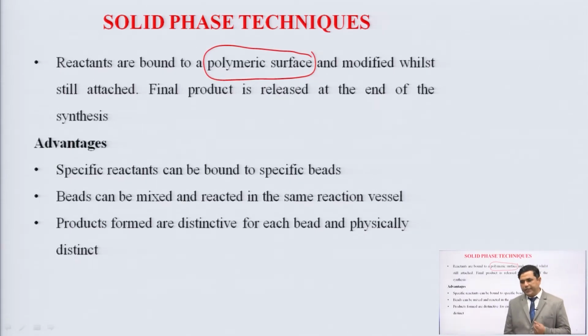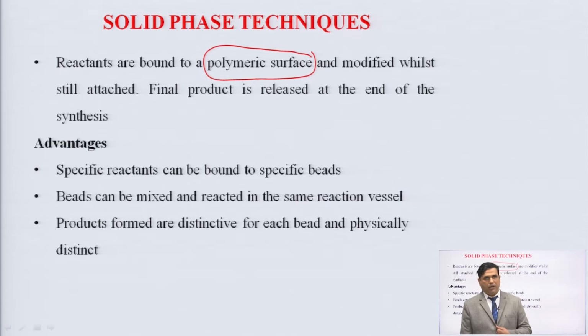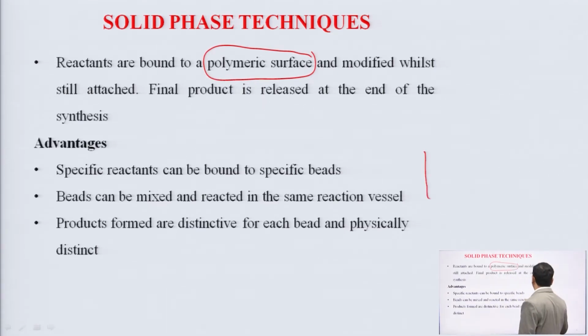A specific reactant can be bound to specific beads. What are beads? Beads can be a polymeric surface. The beads can be mixed and reacted in the same reaction vessel. So, we can use the same reaction vessel for the polymeric surface, that is the bead, and the reactant also.